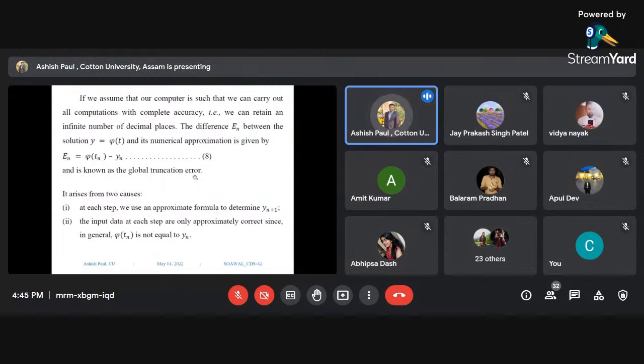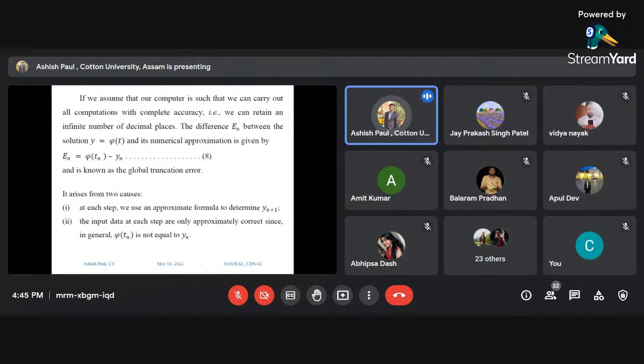Our computer, we know, say 1/3. If we put 1/3 in terms of decimal in floating point, then we'll have to put 0.3333, etc. So we have to truncate somewhere. Our computer cannot give us the exact result for this type of value, say 1/3. There are so many values of this type.